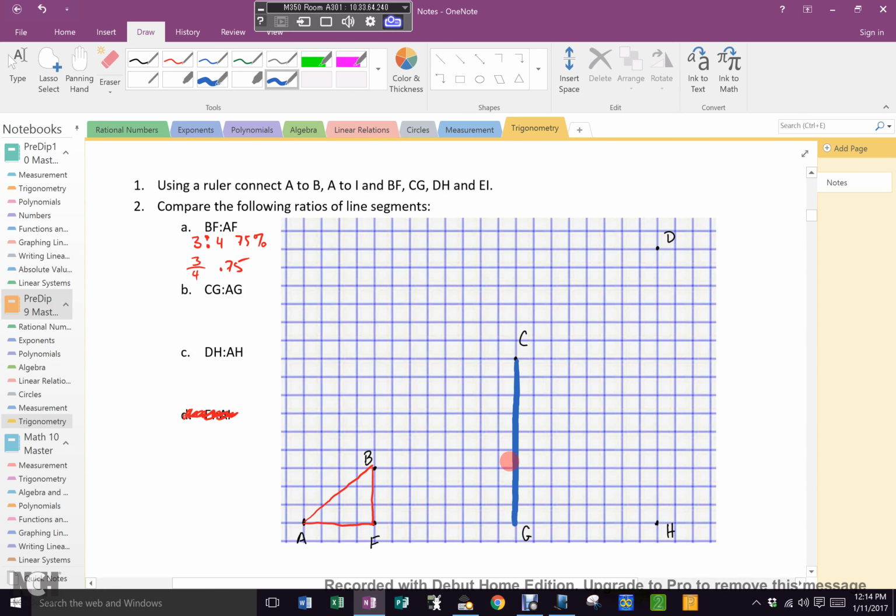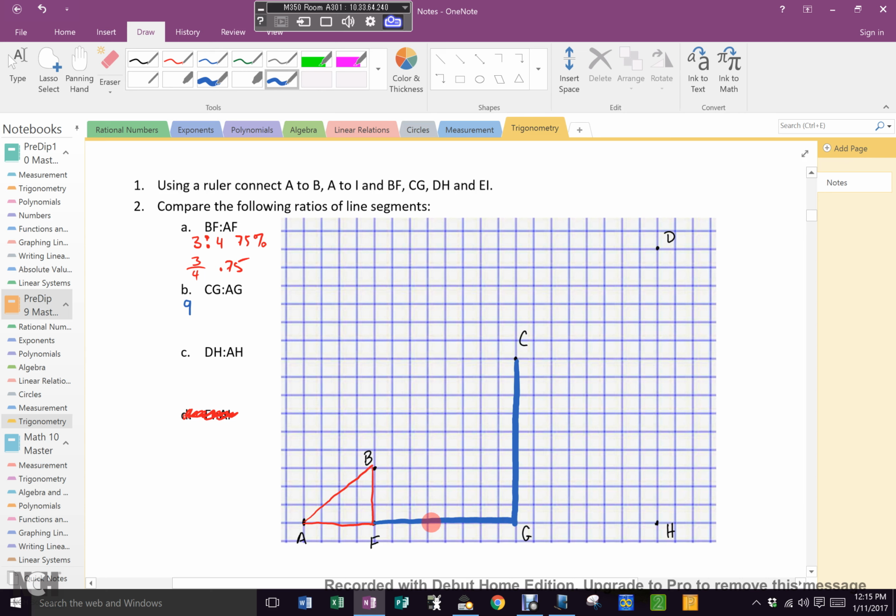So, CG is how long? 9. Right? Now I need AG. So I'm going to just add B to G. Not B to G, dummy head. F to G. So A to G is the red plus the blue, yes?